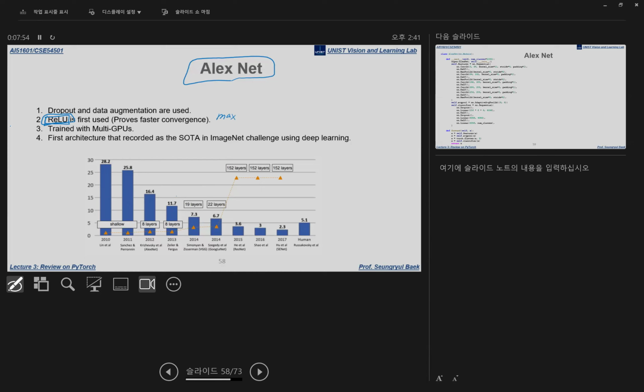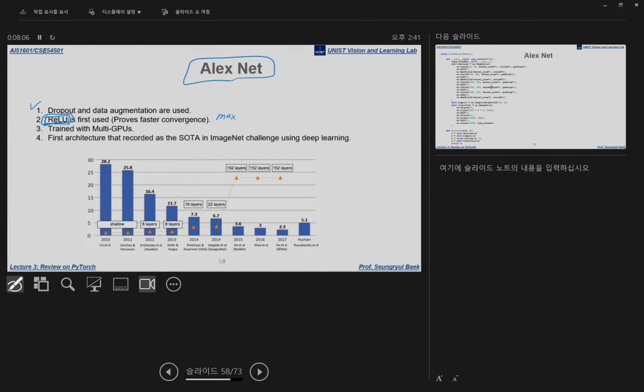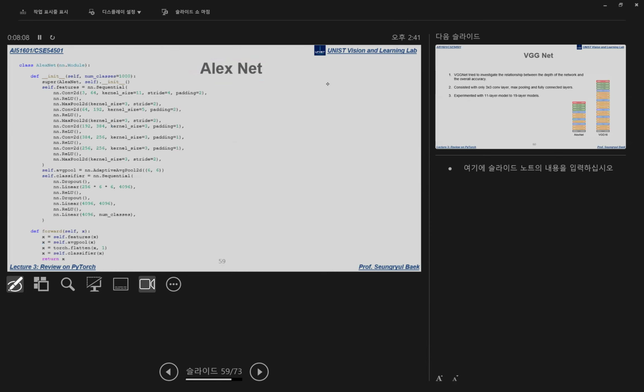Other techniques they used are dropout and data augmentation. I will explain dropout here.